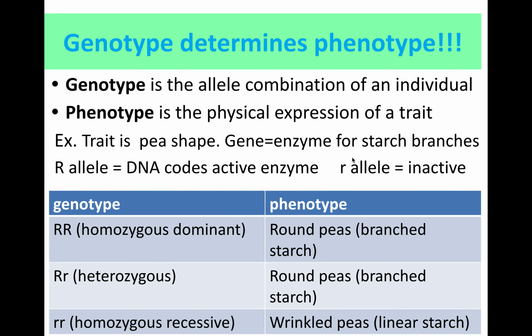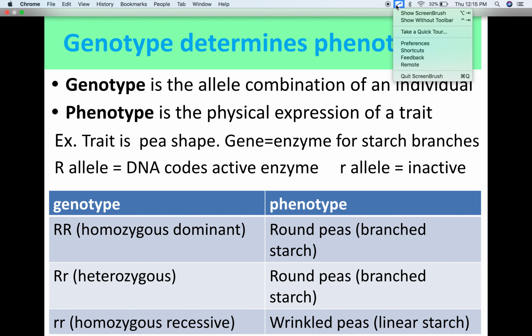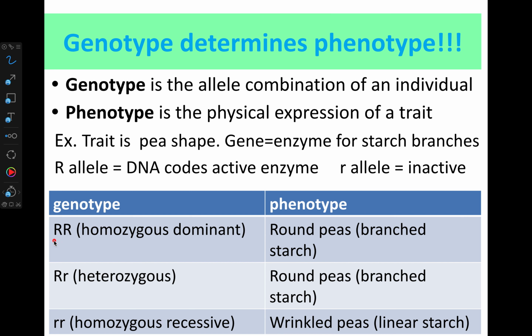Here we're seeing that again. In this case, instead of eye color, we're going to talk about whether the peas are round or wrinkled. If they are capital R, they're going to be round peas, which means that round is dominant.